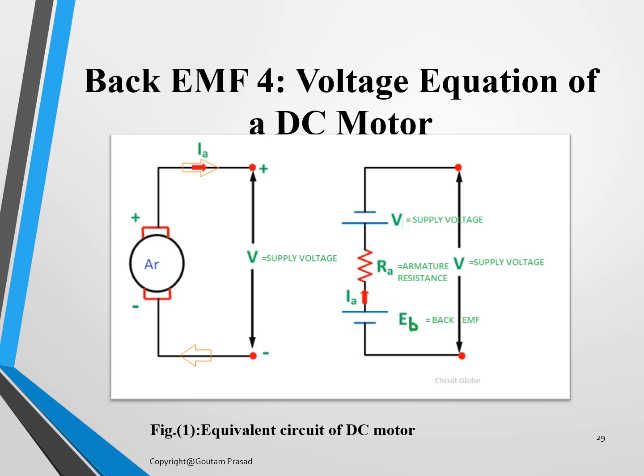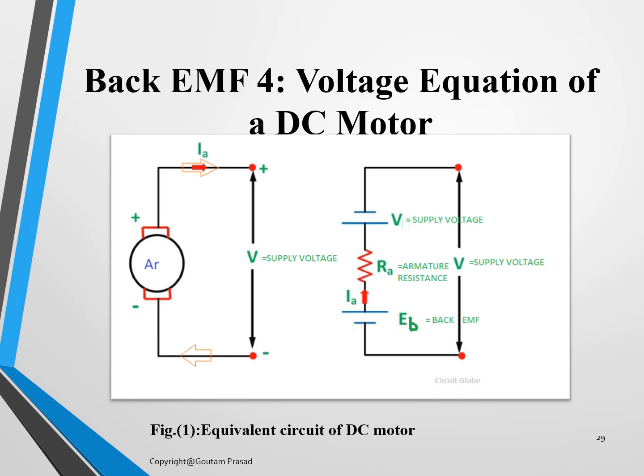EB stands against the applied voltage V. RA is the resistance of the armature conductor, and EB is the back EMF induced in the armature conductors.